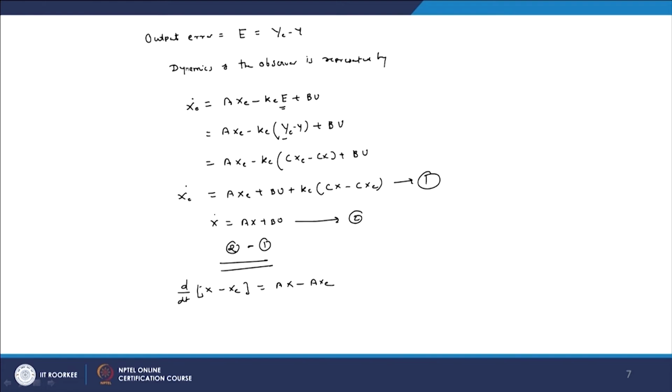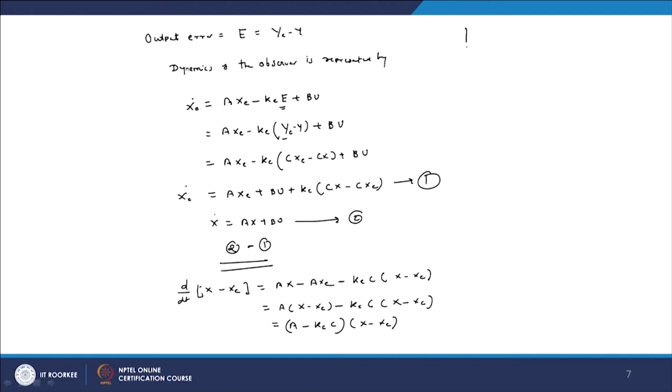Now here bu will be cancelled, and here we will get minus k into c into x minus xc. That means a into x minus xc minus k into c into x minus xc. So a minus k into c, into x minus xc.